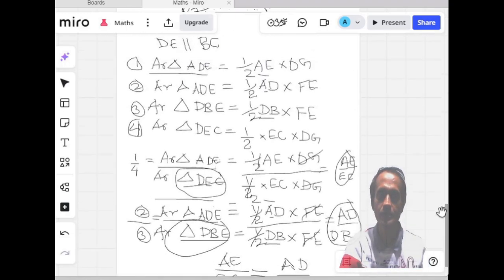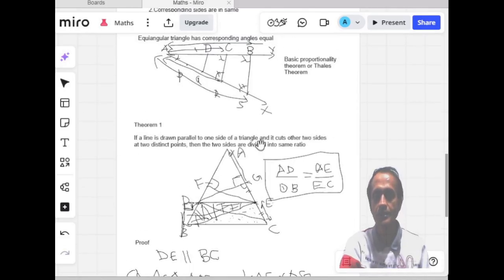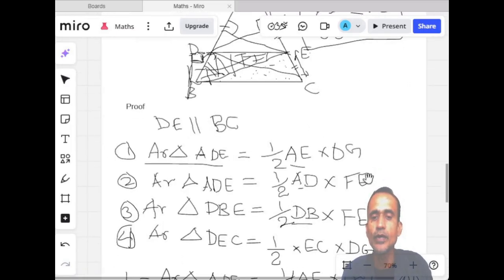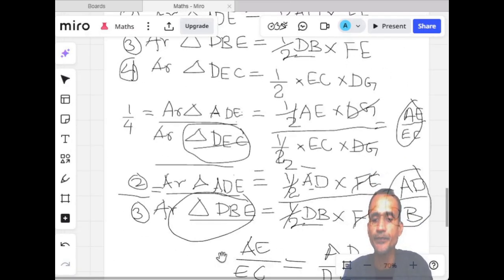And this is what this theorem is: if a line is drawn parallel to one side of a triangle, then it divides the other two sides in the same ratio. AE by EC is equal to AD by DB. So we have proved this theorem: if a line is drawn parallel to one side of a triangle and it cuts the other two sides at two distinct points, then these are divided in the same ratio.